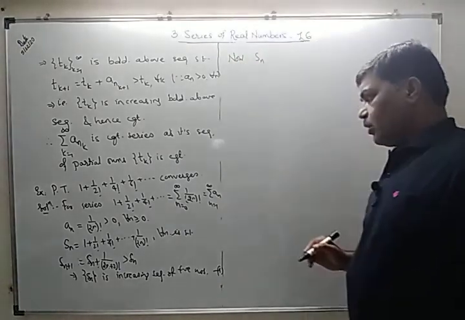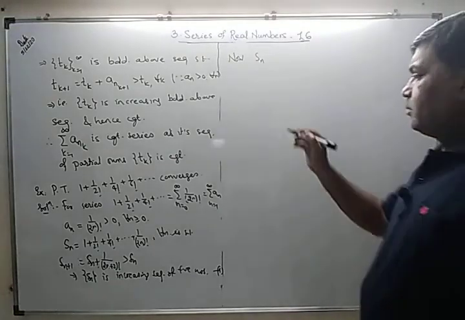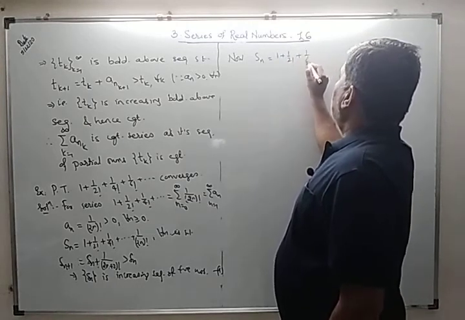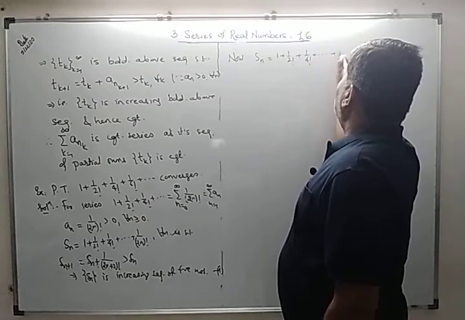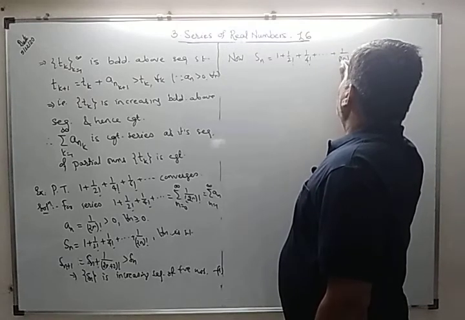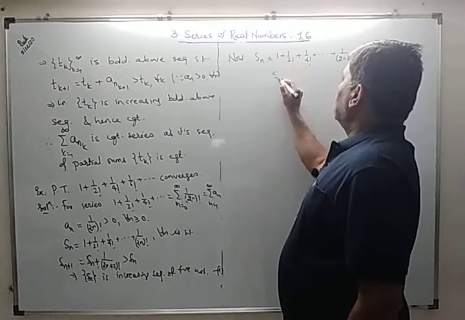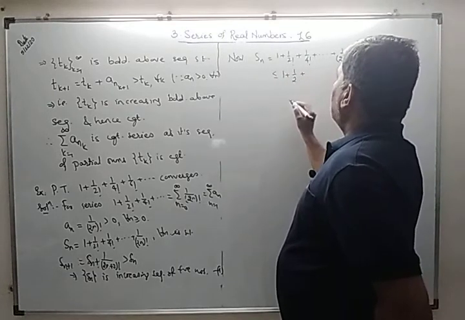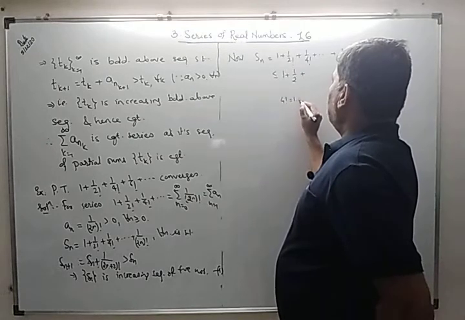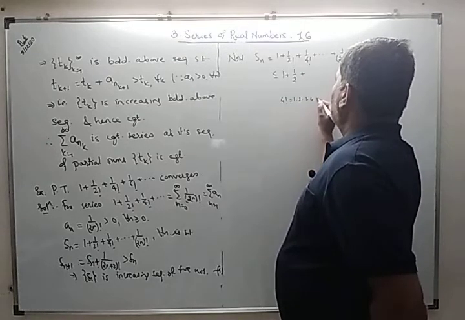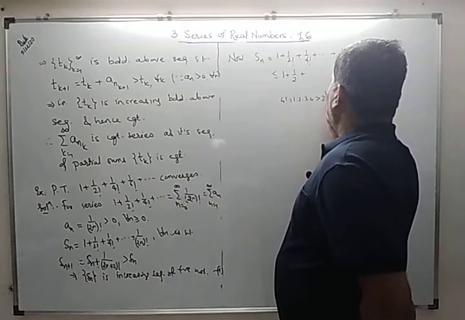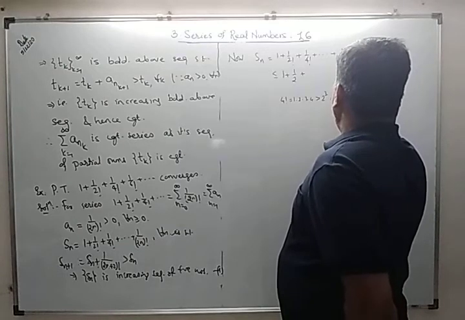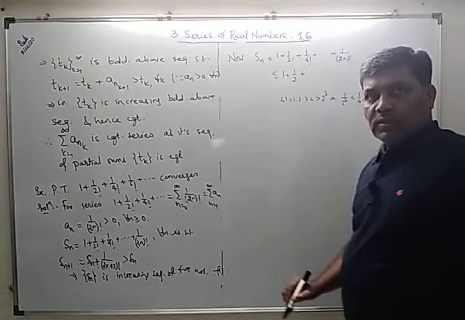Now S_n is equal to 1 plus 1 upon 2 factorial plus 1 upon 4 factorial plus so on up to 1 upon (2n) factorial. This is less than or equal to 1 plus 1 upon 2 plus ... Now 4 factorial is nothing but 1 into 2 into 3 into 4, which is greater than 2 cube. This implies 1 upon 4 factorial is less than 1 upon 2 cube. Is it right?